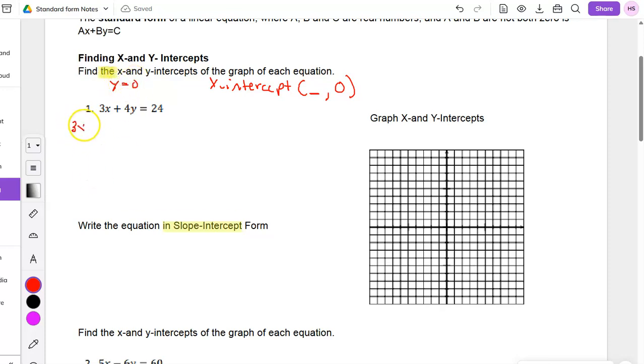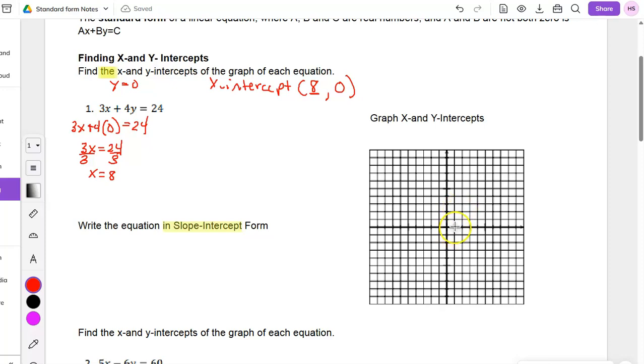So I have 3x plus 4 times 0 equals 24. I know 4 times 0 is 0, so I'm just left with 3x equals 24. I can then divide both sides by 3, and I get x equals 8. So when y is 0, x is 8.